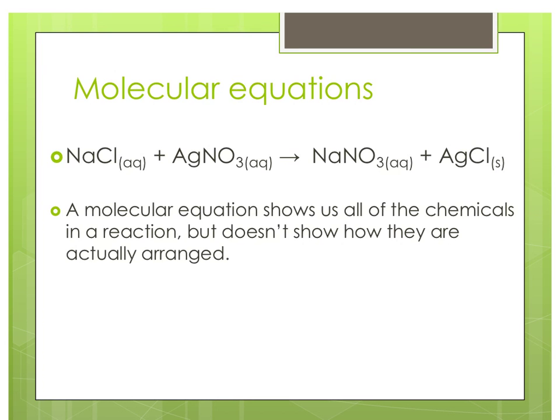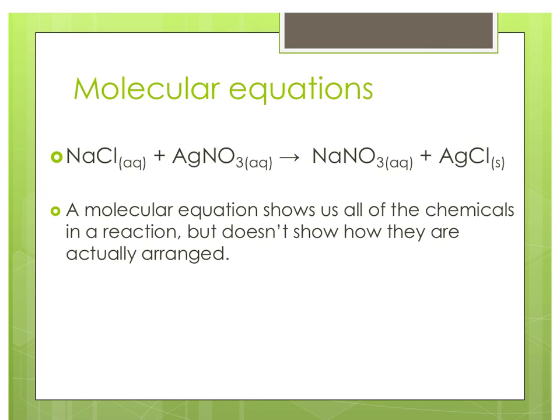So it shows our pattern, AB plus CD, very nicely. But for this particular type of reaction, it doesn't show what's actually going on at a microscopic level. It's a good way to keep track of where the ions are going, but it doesn't necessarily give us as much information as we might want or need.